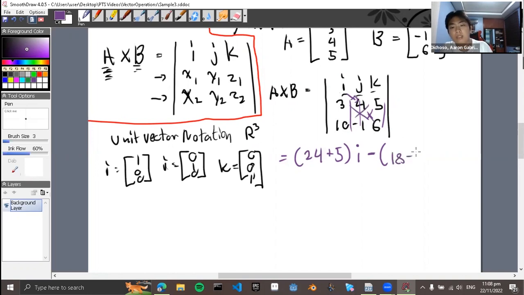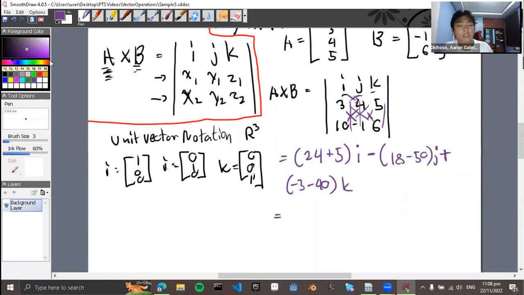So 18 minus 50 j plus for k naman, these two. So it would be -3 minus 40 k. And simplifying that, we get 29i plus 18 minus, that is 32. Yeah, 32j. Tapos minus 43k. And that is your cross product.